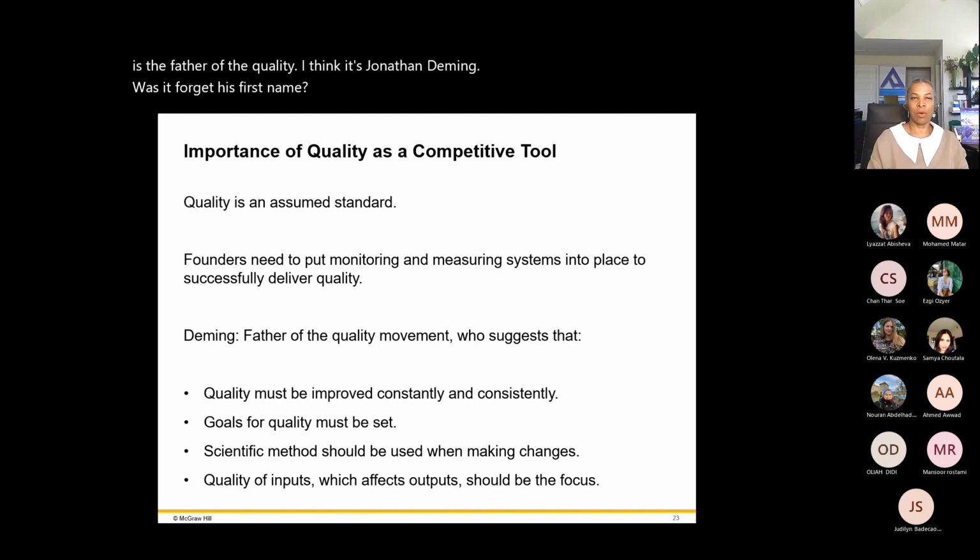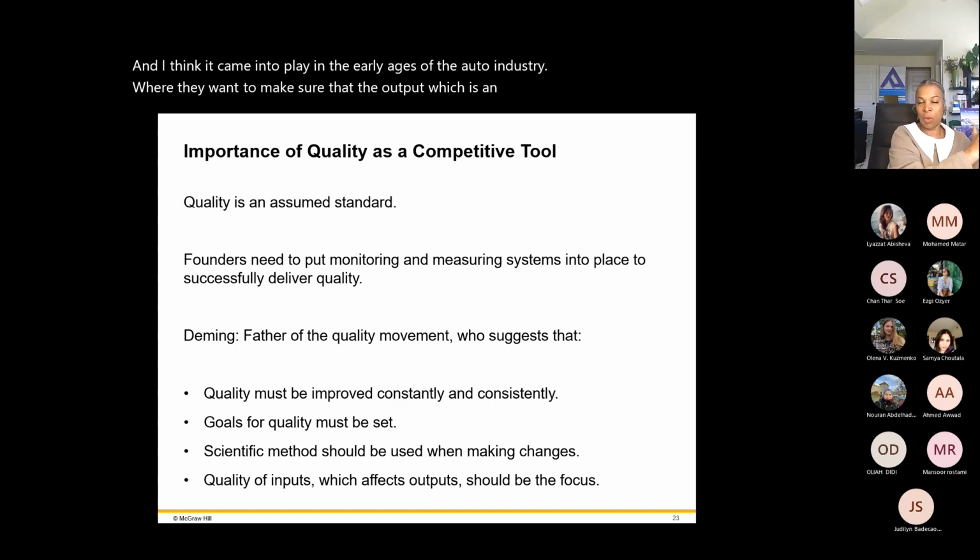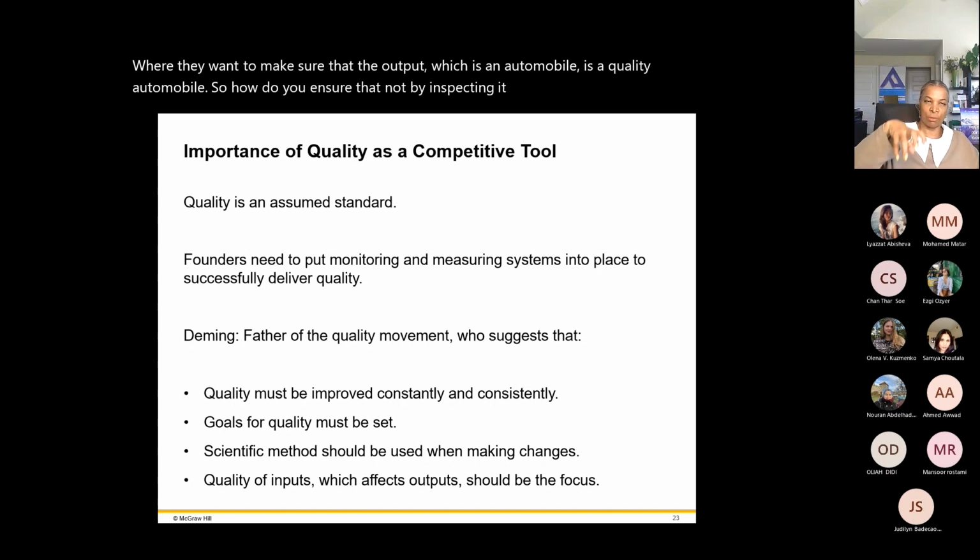So this whole quality aspect came into play, I think, in the early ages of the auto industry, where they wanted to make sure that the output, which is an automobile, is a quality automobile. So how do you ensure that? Not by inspecting it. You put quality into the processes to build that automobile.